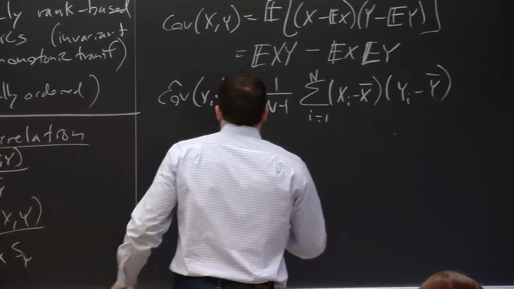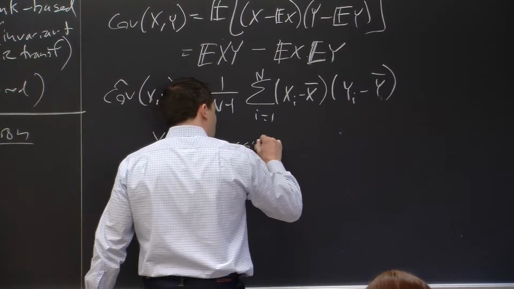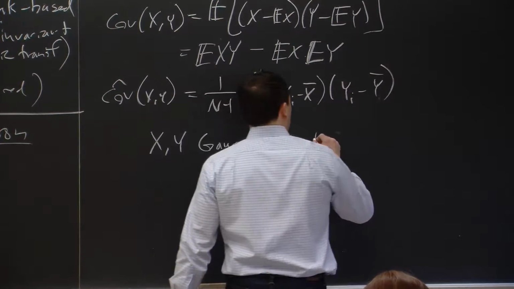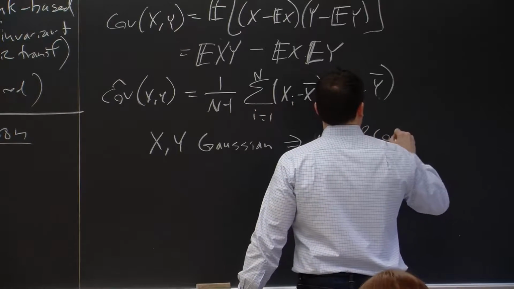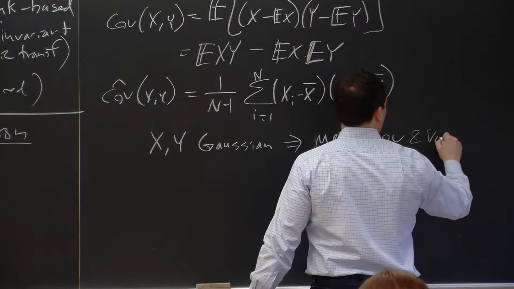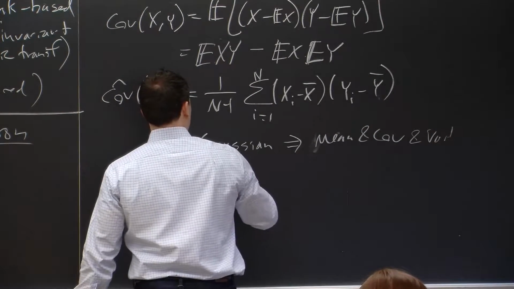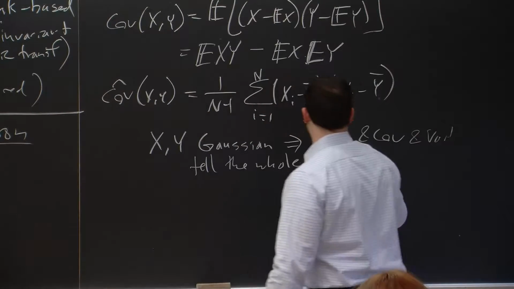And when x and y are Gaussian, the mean and variance and covariance, so the covariance matrix, tell the whole story. In other words, they completely describe the joint distribution.